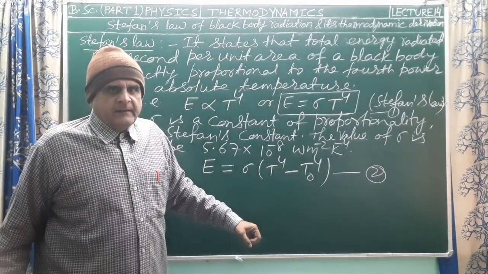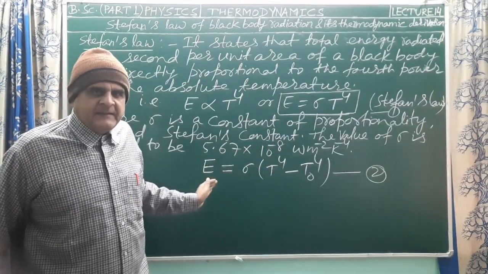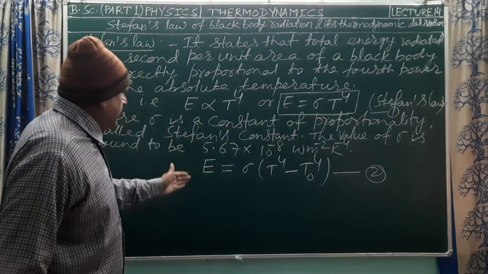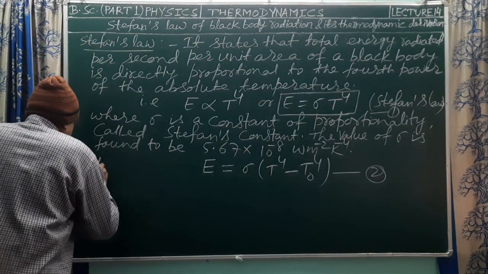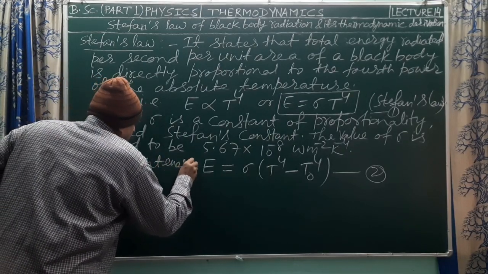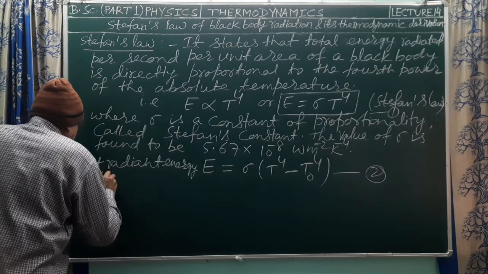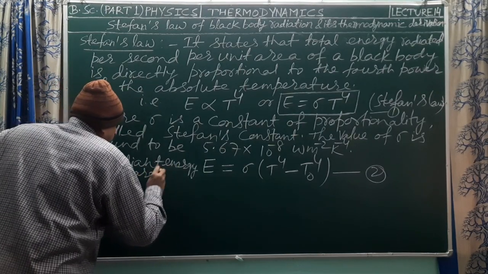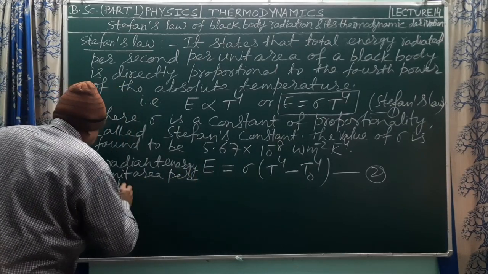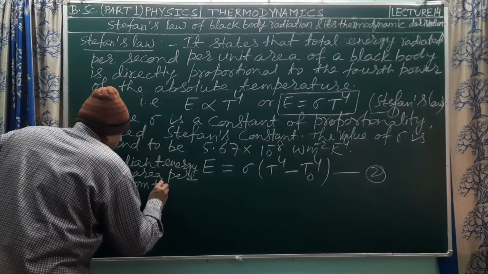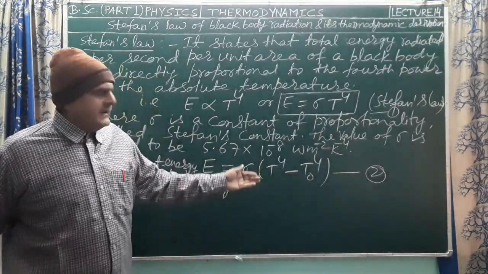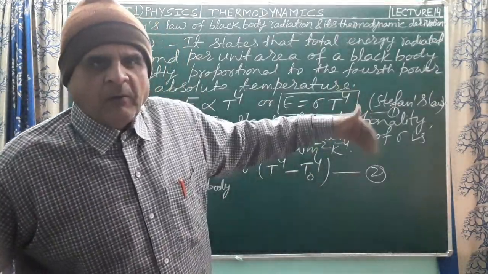This modified relation for the net radiant energy per unit area per second from the first black body is capital E equals sigma (T to the power 4 minus T0 to the power 4).